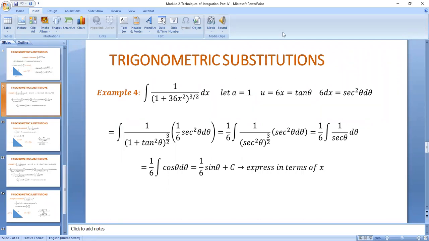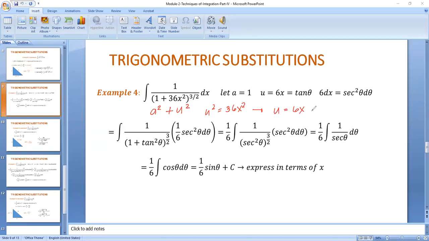In terms of form, this is comparable to a squared plus u squared, which is actually the tangent. Okay? Your a here is 1 because a squared is 1, so a is 1. And your u here, your u squared is 36x squared. So it follows that your u is 6x.